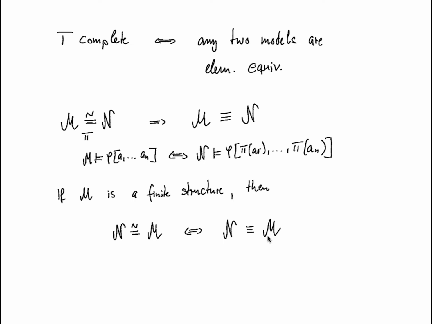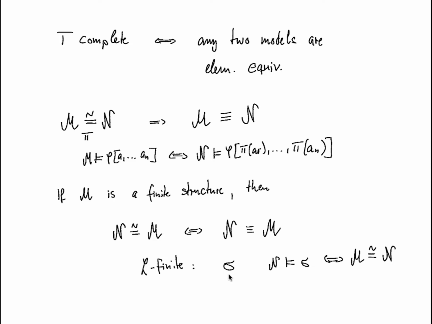In fact, if you remember, if we look at finite languages, there existed a single sentence sigma that captured the isomorphism property for M. So that said that N is isomorphic to M if and only if it satisfies that sentence sigma.